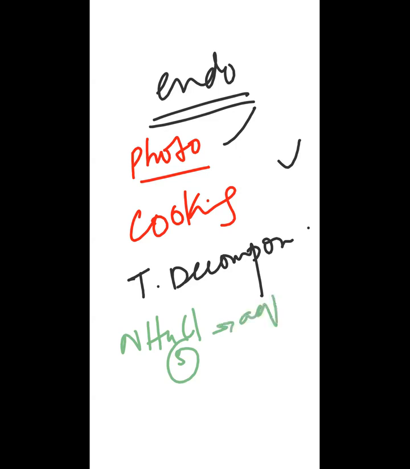When you dissolve an ammonium salt, not any, but certain ammonium salts, there could be one or two which do not give the same reaction, but most of the ammonium salts will dissolve in water and absorb heat energy. So the reaction will be endothermic. When you dissolve ammonium salt into water to make it aqueous, the ammonium salt absorbs heat energy. So the reaction is endothermic.